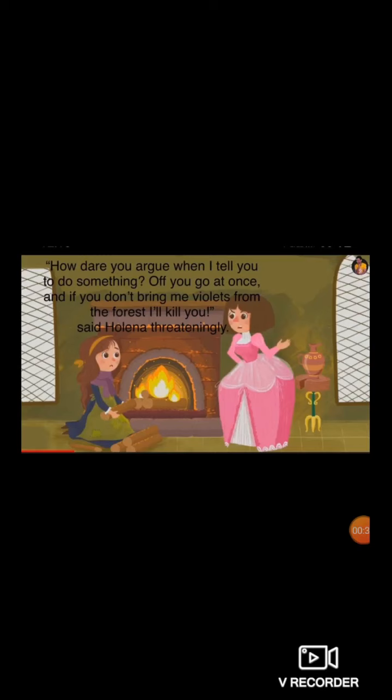So the stepmother caught hold of Maricla, turned her out of the door, and slammed it to after her. Slammed means closed the door with a loud sound.